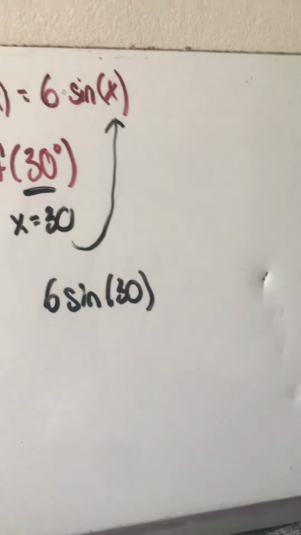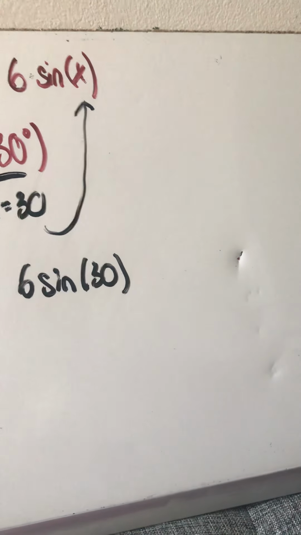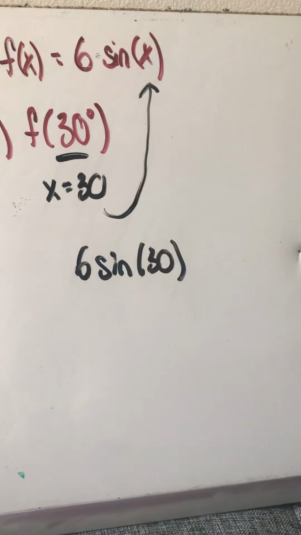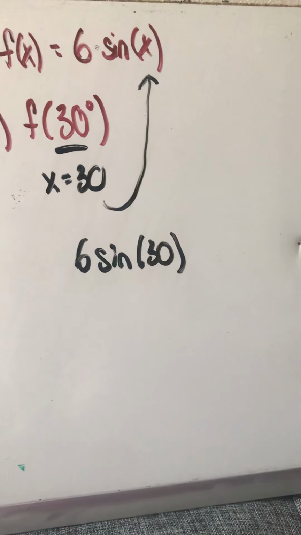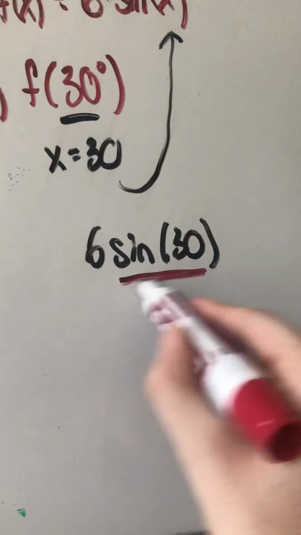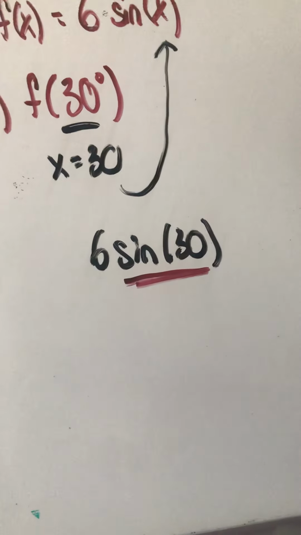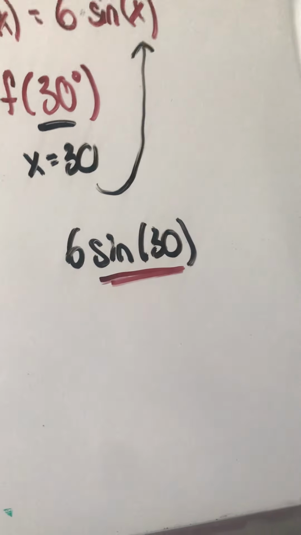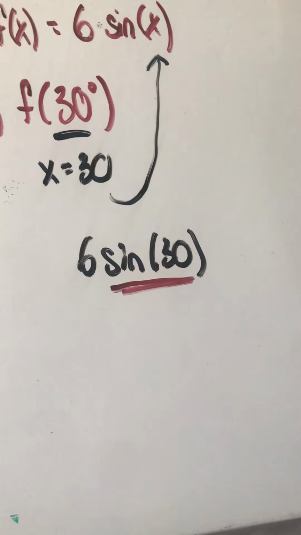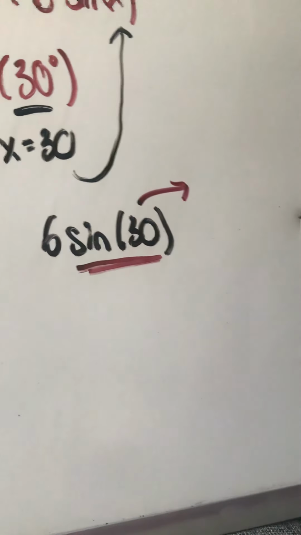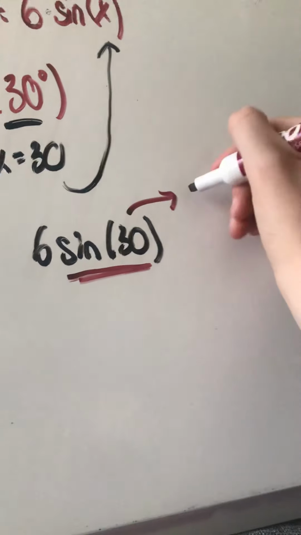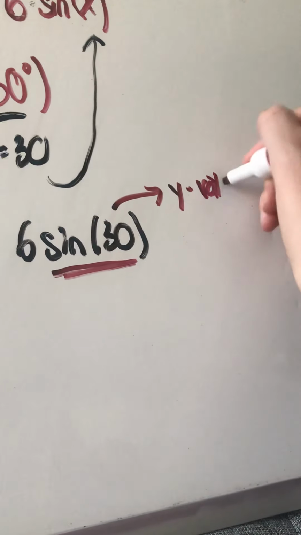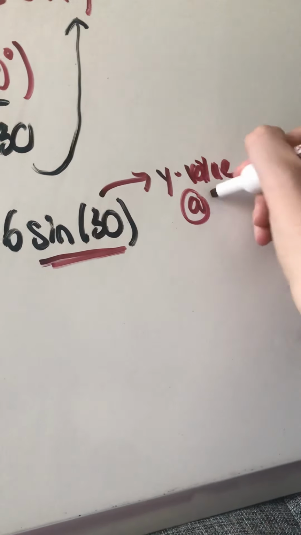And now it comes down to, how do I simplify this? What do I do in order to get my answer here? Well, I'm going to focus in on sine 30 right there. What is sine 30 actually equal to? So this is really applying all of our concepts here. Sine 30, that means that I'm looking at my y value at 30 degrees.